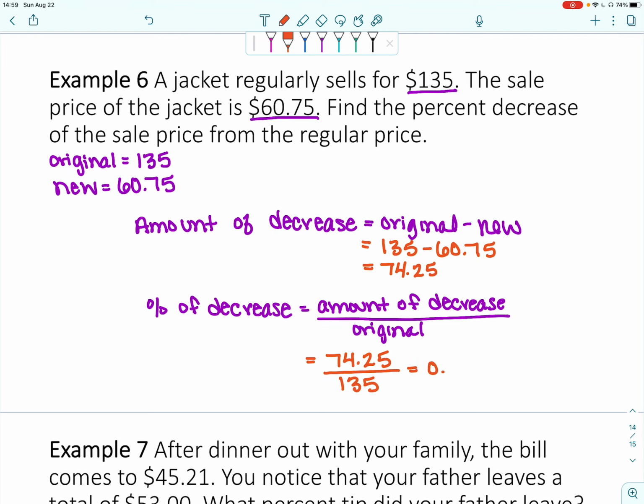So that gives us 0.55. We can move the decimal point and turn that into a 55% decrease. So they decreased this jacket in price by 55% when they put it on sale. So not quite on clearance yet.